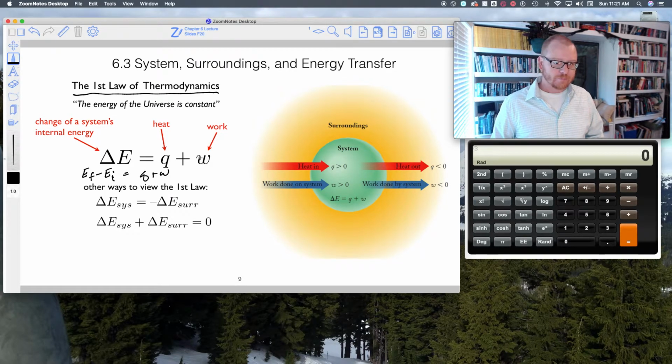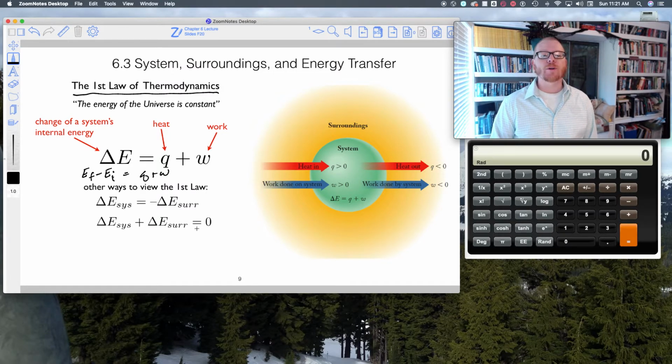Other ways to view the first law: this delta E can refer to system or surroundings. If we now specify system or surroundings, because the energy of the universe is constant, the change in energy of the system will always be the negative of the change in energy of the surroundings. Equal and opposite, or delta E system plus delta E surroundings equals 0.